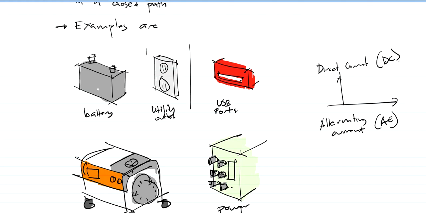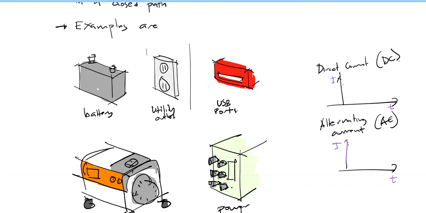Let's say here's a graph of current I in terms of time.